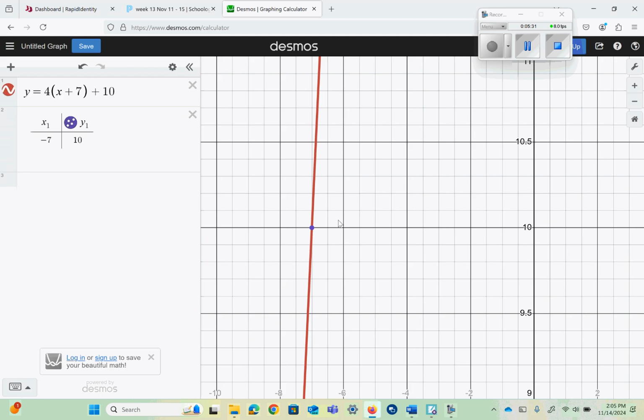What did I change from the original question to that? So take a look either on your paper or up at the board. What changed? What did I change here to here? What changed? 7. I made it positive, right?